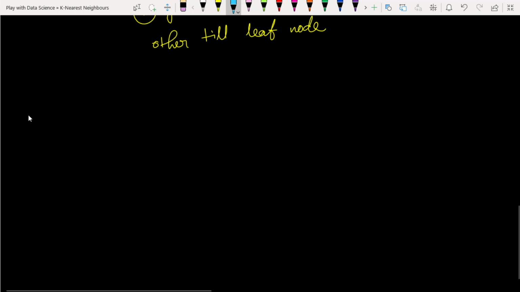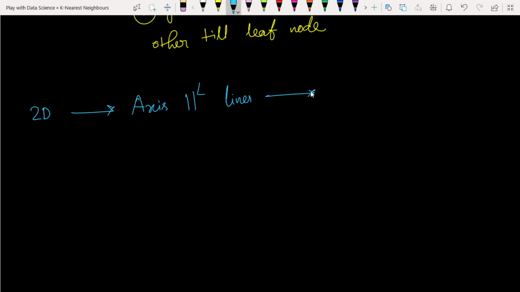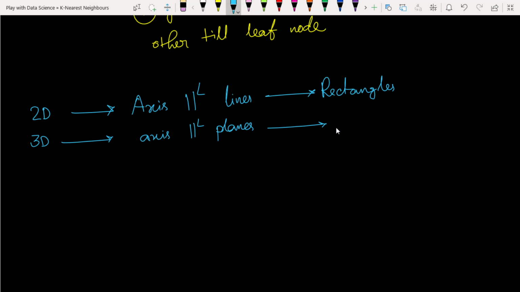In 2D, this is done by simple axis parallel lines, which mathematicians generally draw as rectangles. In 3D, we use axis parallel planes, building cuboids.